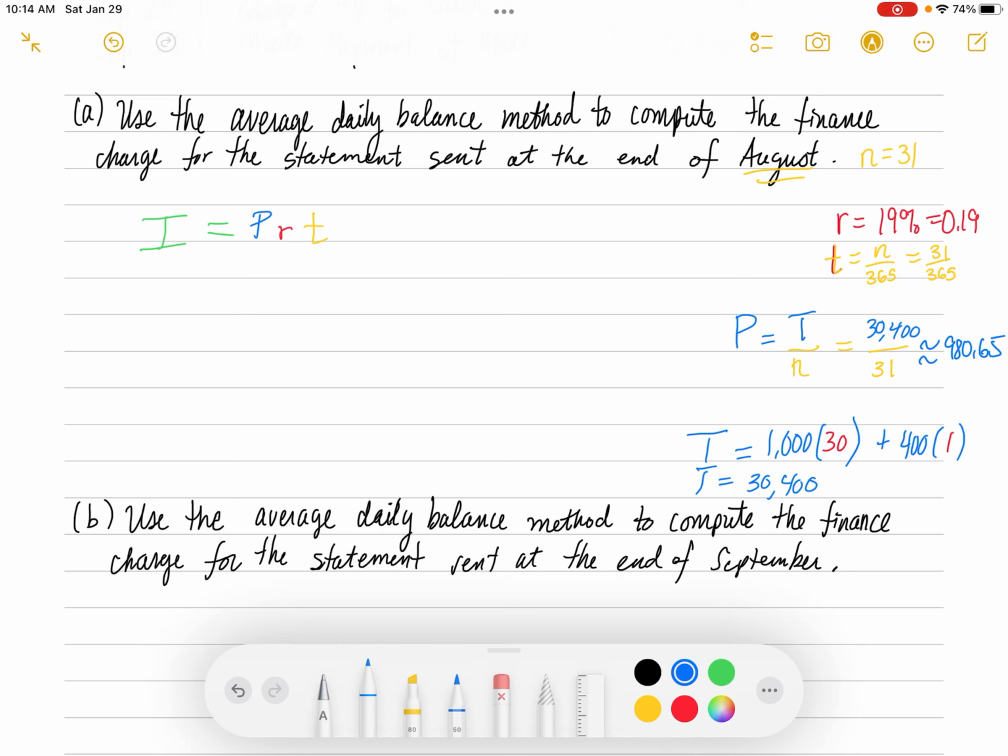You can go more decimal places and you'll get better accuracy. But for I, we want to plug these in. Since we rounded capital P, I is going to be approximate. I equals PRT. Capital P was 980.65, R was 0.19, and T was 31 over 365. So I multiply all this out in my calculator, I get, let's see.